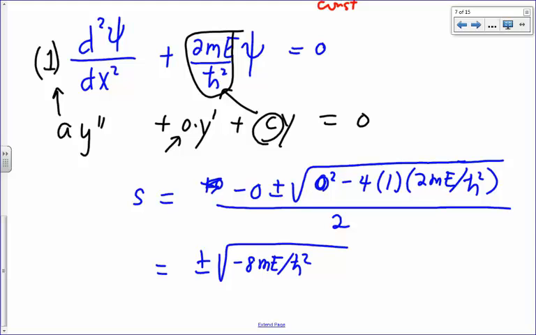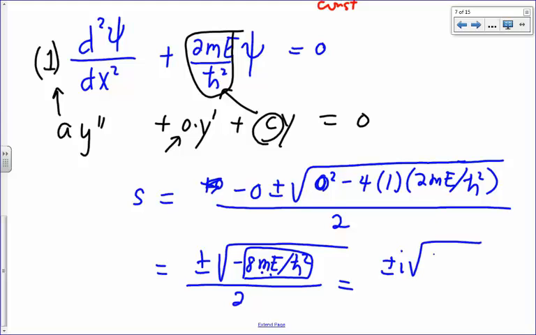Now, mass is positive, energy is positive, h bar squared is positive, so this expression here is positive. So I have a square root of a negative number then, right? So I can factor out square root of negative 1, so that's going to be plus or minus i times square root of 8mE over h bar.